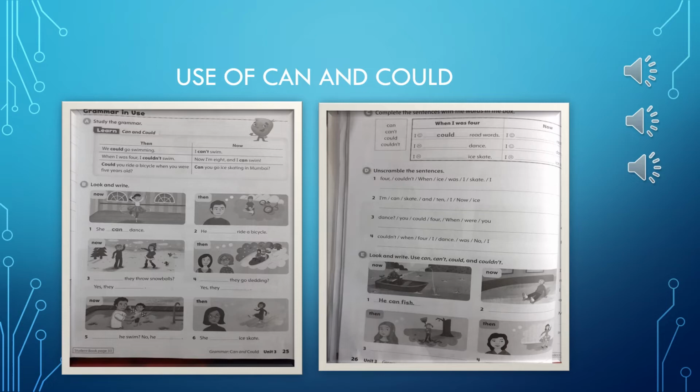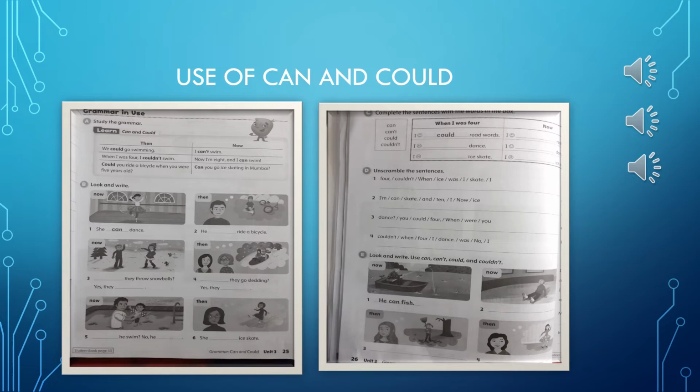Okay, so you need to see the faces and then you have to fill up. Number 2 is I dash dance, and what does the face show, smiley or sad? Yes, the face is sad.